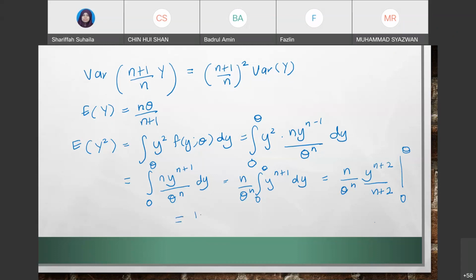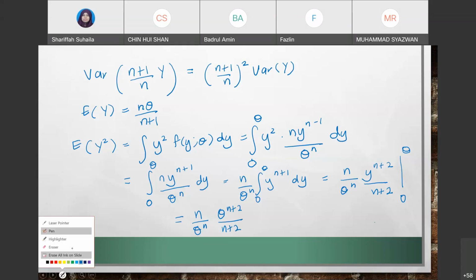Okay, and then you will have n over theta^n times theta^(n+2) over n plus 2. Theta^n here, you cancel out with theta^(n+2).